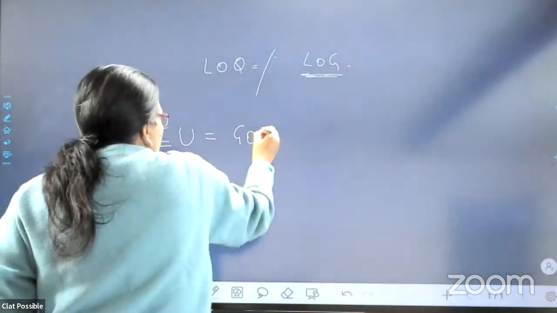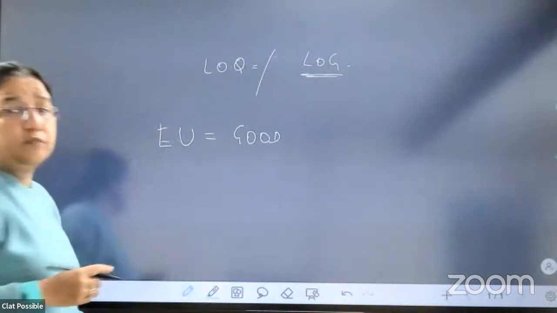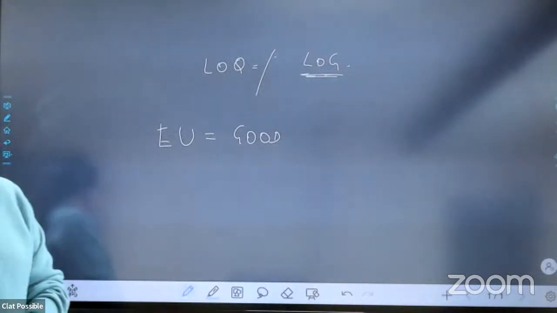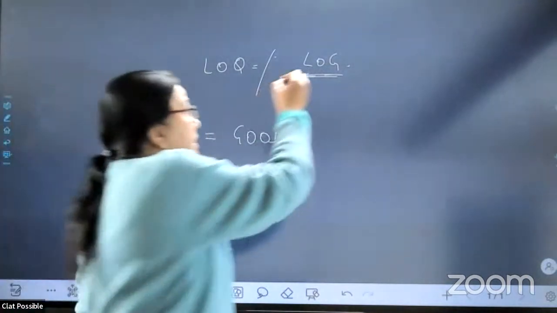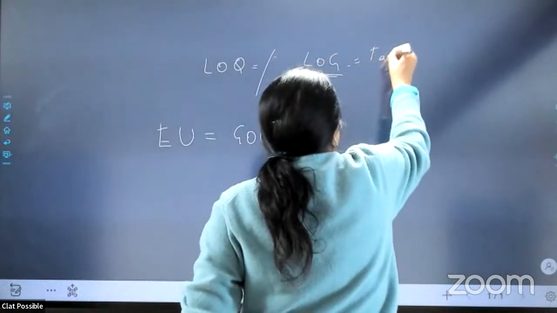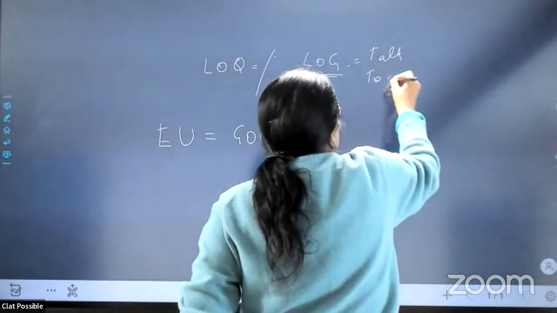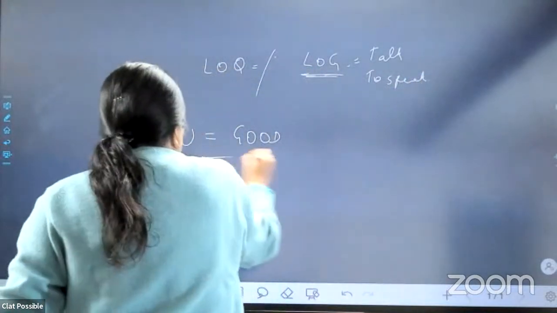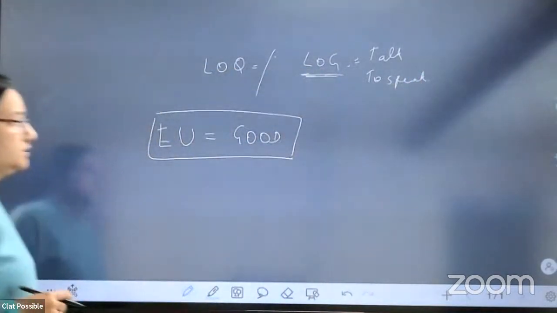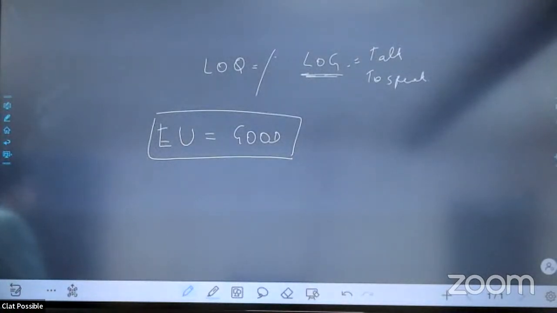Please, all of you make a note of this. I'm carrying over from the last sheet. So log is basically from the last sheet, which was all meaning talk or to speak. Yes or no? We just did this, and I'll prepare so many words with this. Now, another word that I do is EU. Word root EU means good.